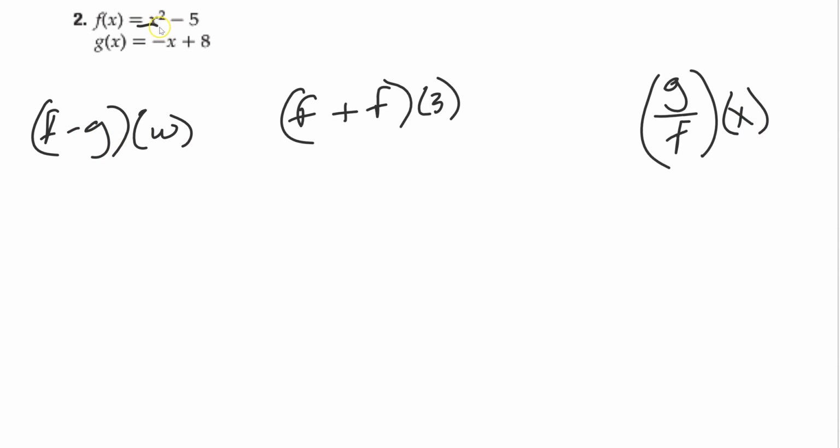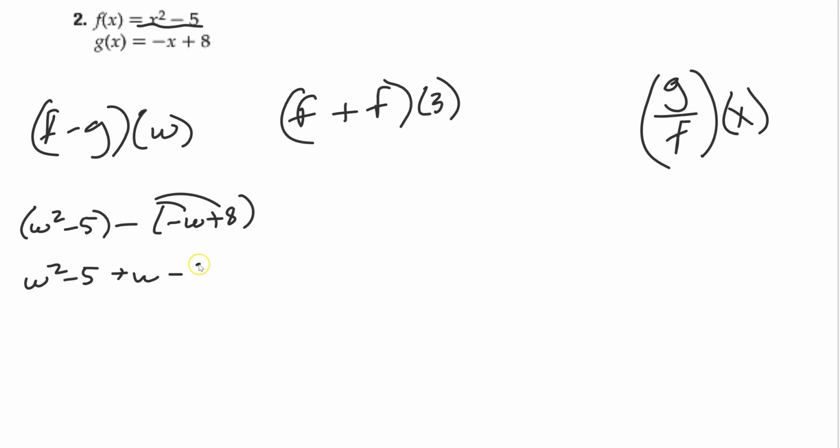Now f is this, there's a w there, so I actually have to put w instead of x, so w squared minus 5 minus g, which is negative w plus 8. All right, that's all that means. Hey, I'm going to change my variable. Then we distribute the negative: w squared minus 5 plus w minus 8. Add like terms: w squared plus w minus 13. My domain, no fraction, no square root, all real numbers.